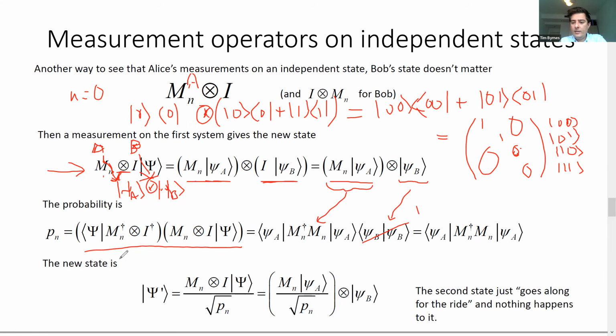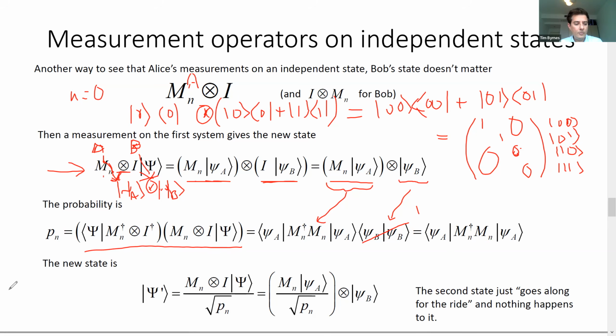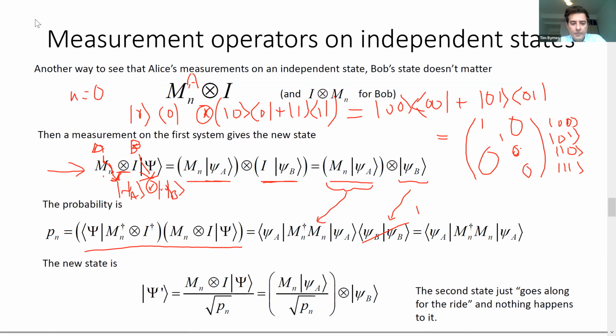And then you end up with the same quantity as you did for Alice's, as if Alice just made a measurement on her side. And then the new state is, again, you take the state that we calculated over here, and then we normalize the state with the probability that we calculated in the second line here.